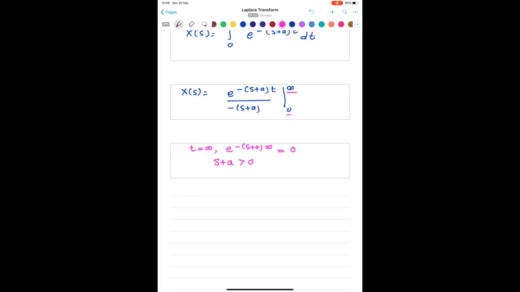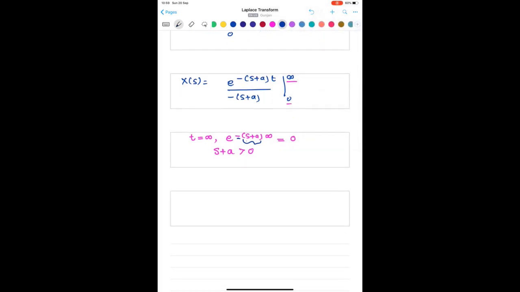If s plus a is negative here, then negative and negative will become a positive, and it will be e raised to the power infinite, which will make it equals to infinite. So in order for this signal to exist, for t equals to infinite, s plus a must be greater than 0.